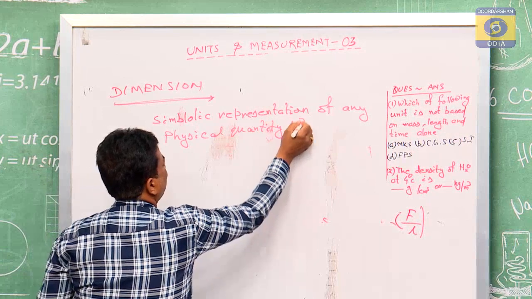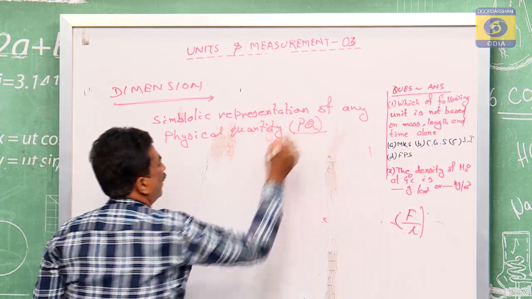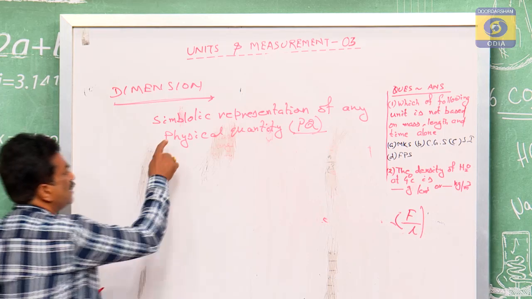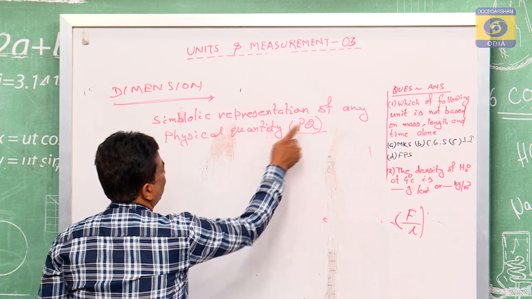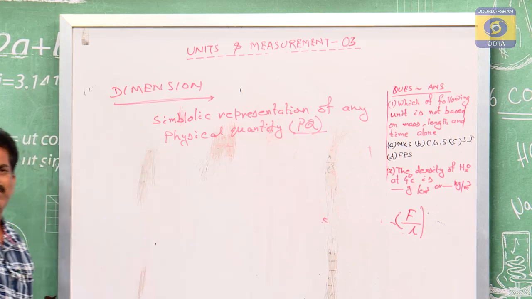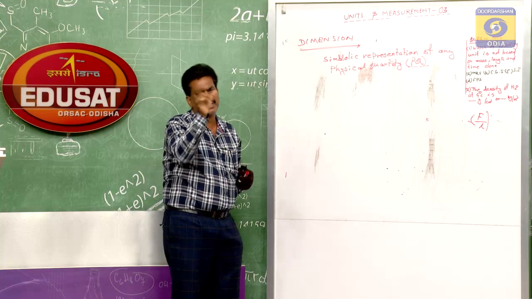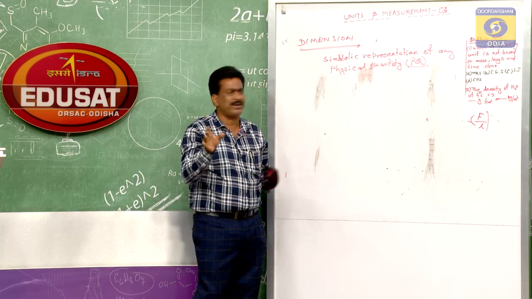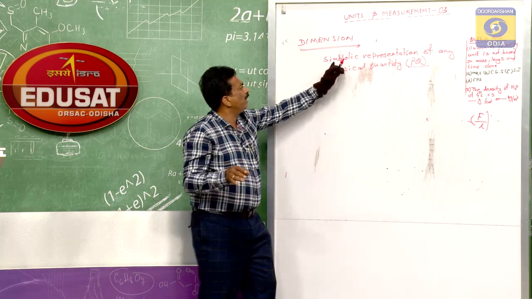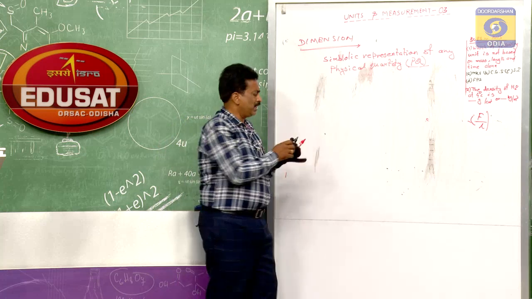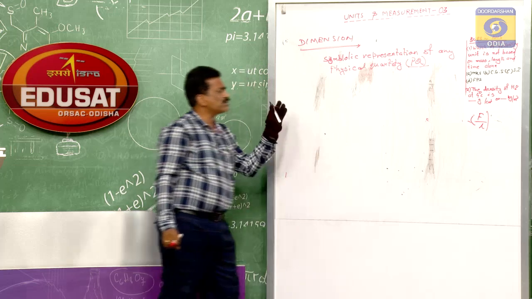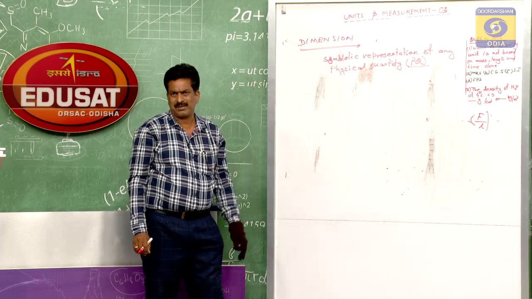For the physical quantity in the shortest form, we will write PQ, as I have said earlier. So, instead of writing physical quantity, you may write PQ. If you express a physical quantity in the simplest, symbolic way, that is called the dimension.